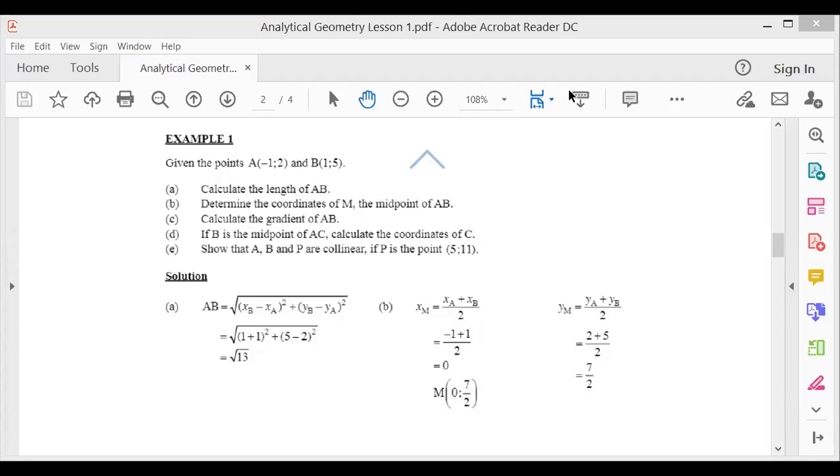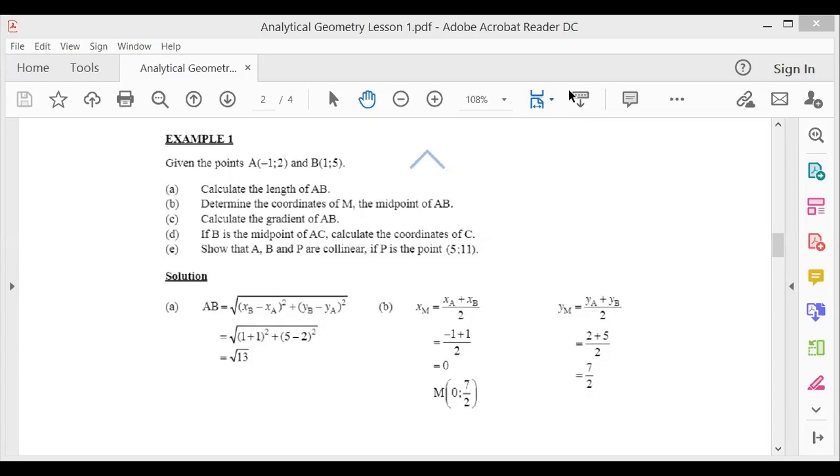Secondly, find the midpoint of AB. Thirdly, find the gradient of AB. And fourthly, if B is the midpoint of AC, calculate the coordinates of C.